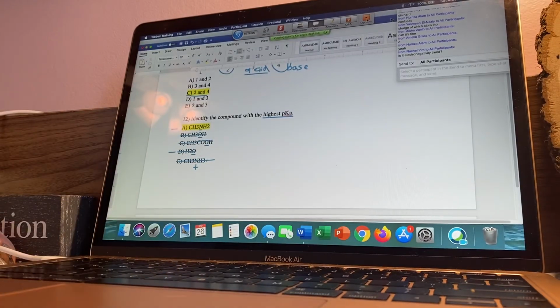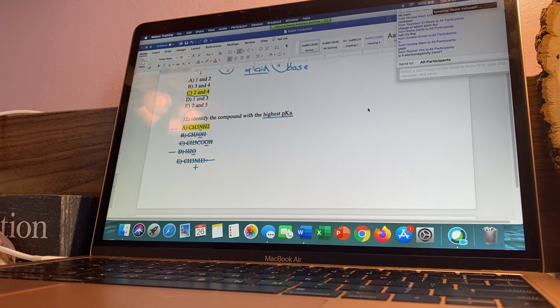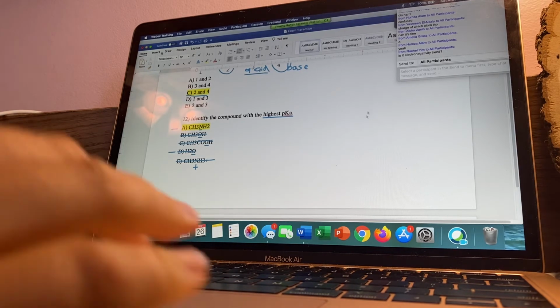So oxygen wants to hold the hydrogen more than the nitrogen. But when you compare the option B and C, which one is more acidic? It's not necessarily. The oxygen actually kind of wants to get rid of that hydrogen, and I'll show you why.